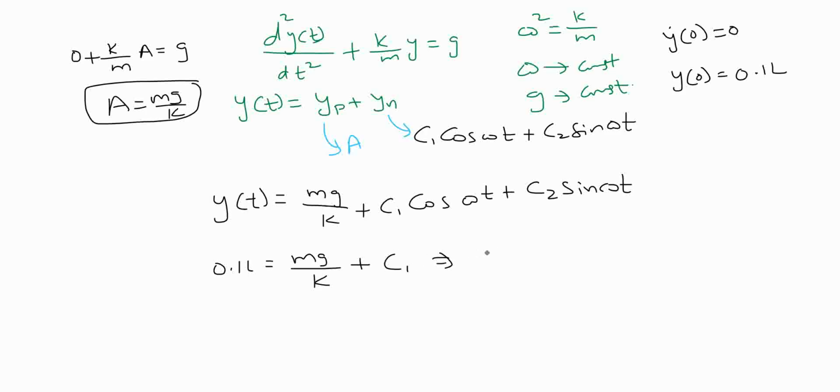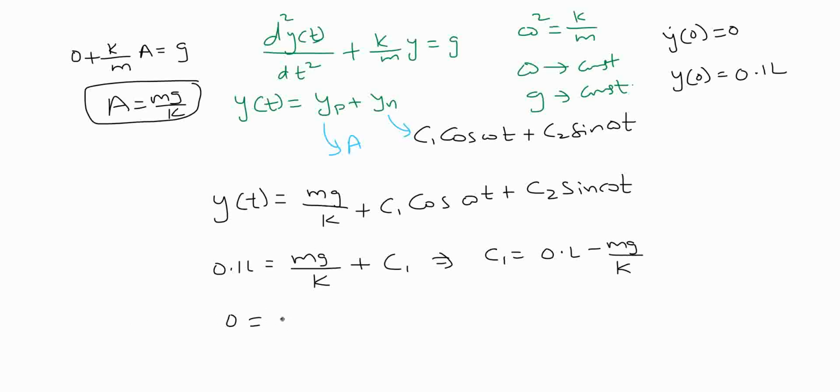So this will give us c1 is equal to 0.1 L minus mg by k. And how about c2? For that, we have to differentiate y of t and find y dot of 0 is equal to 0.